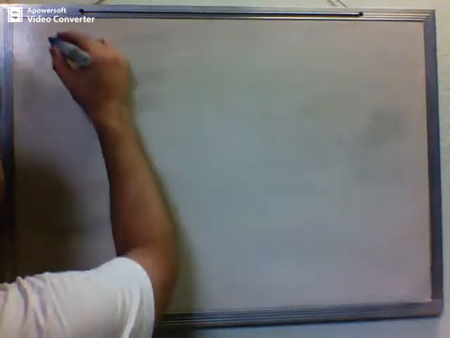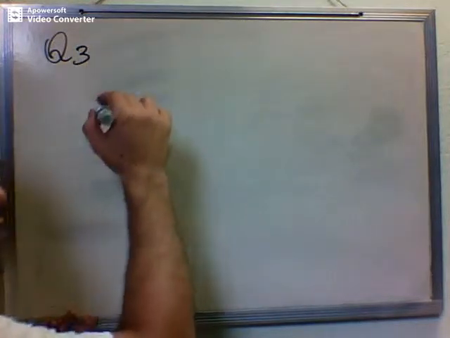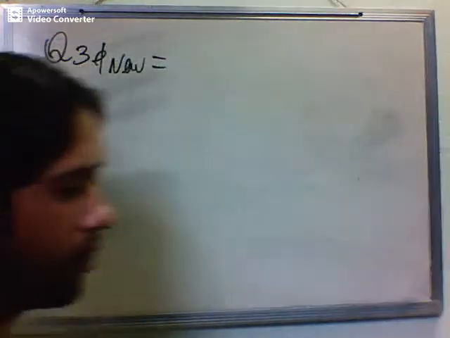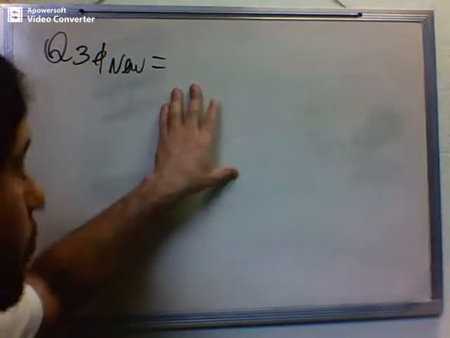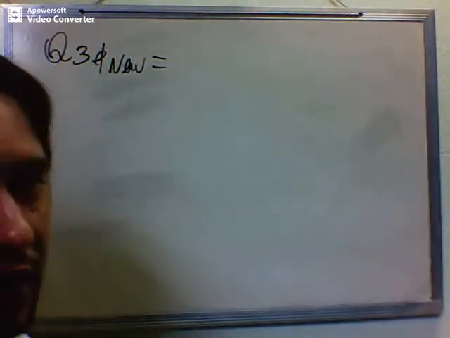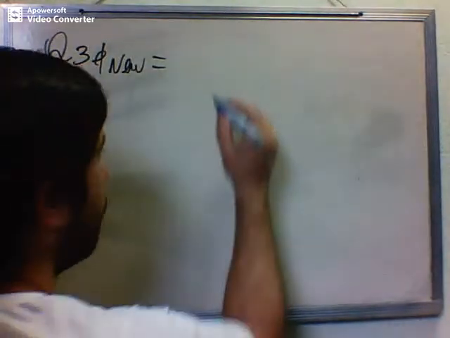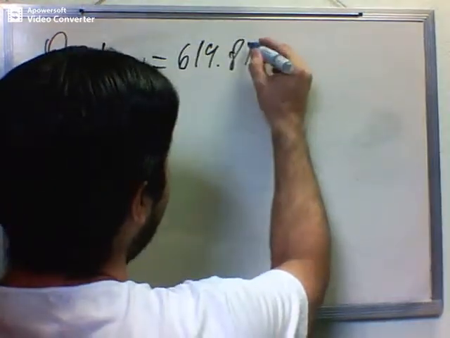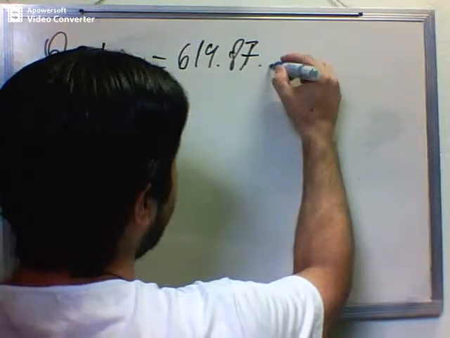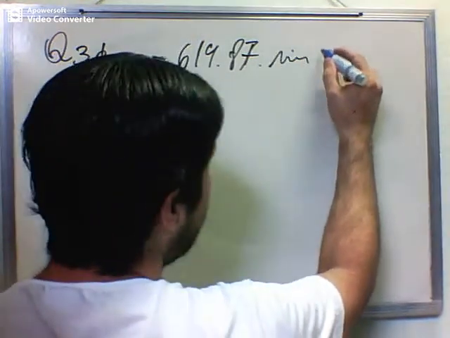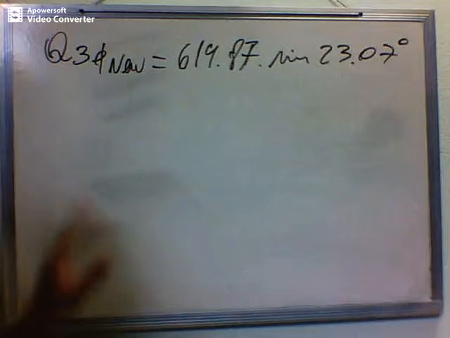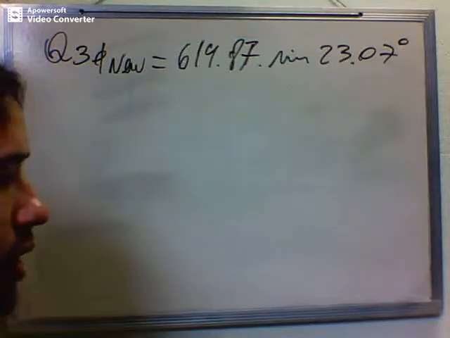Q three-phase nu is going to be equal to that apparent power that we calculated, times the sine of the angle. So it's going to be 614.87 times the sine of 23.07 degrees.